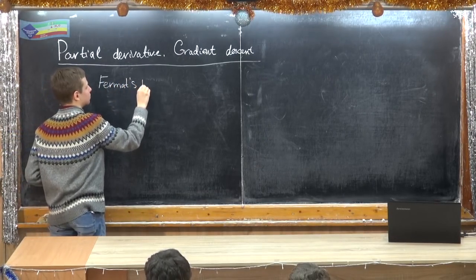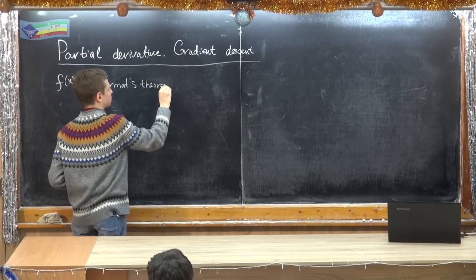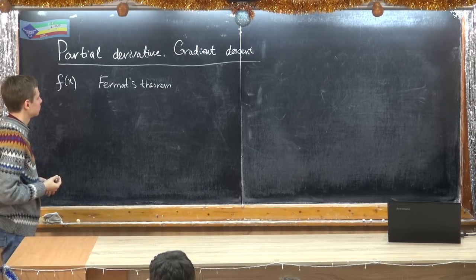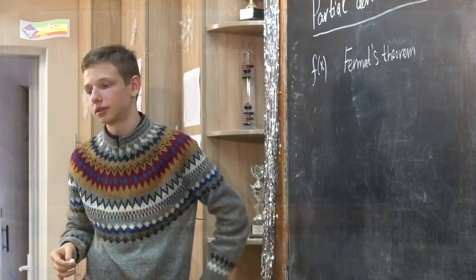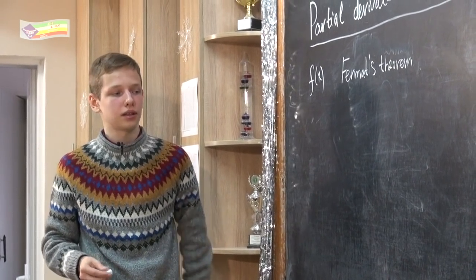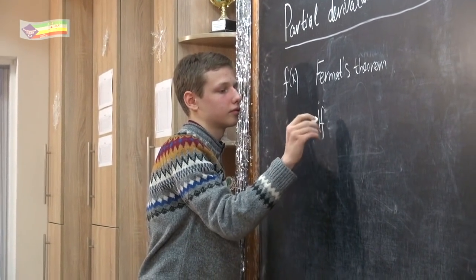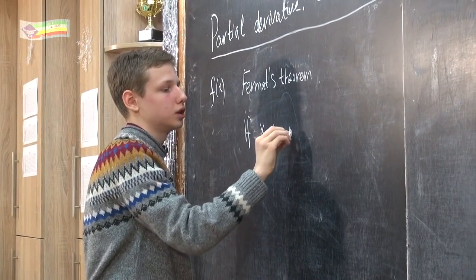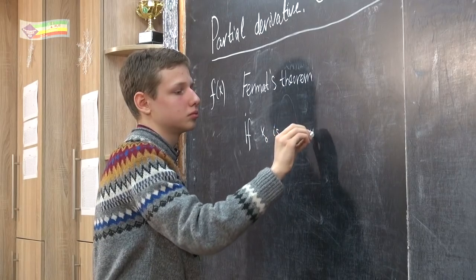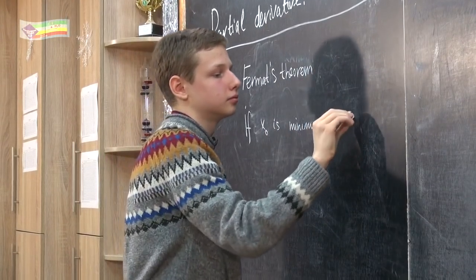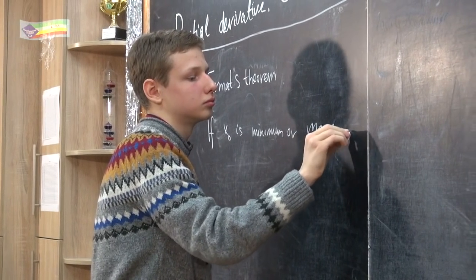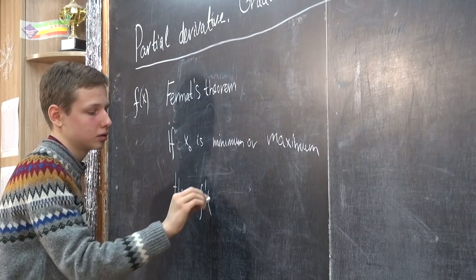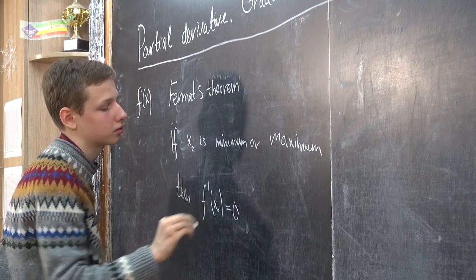So this rule of finding maximums or minimums can be reconsidered as a mathematical theorem, which states that if x0 is a minimum or maximum, then the derivative of the function at this point is equal to 0.